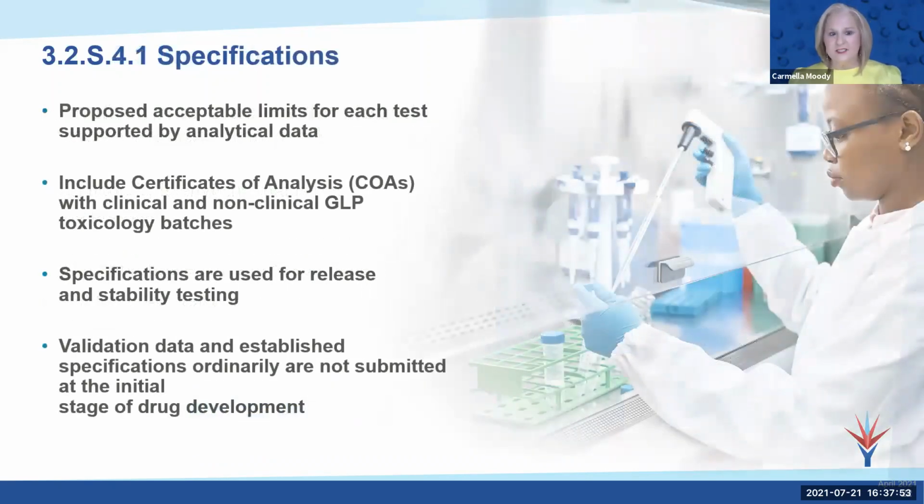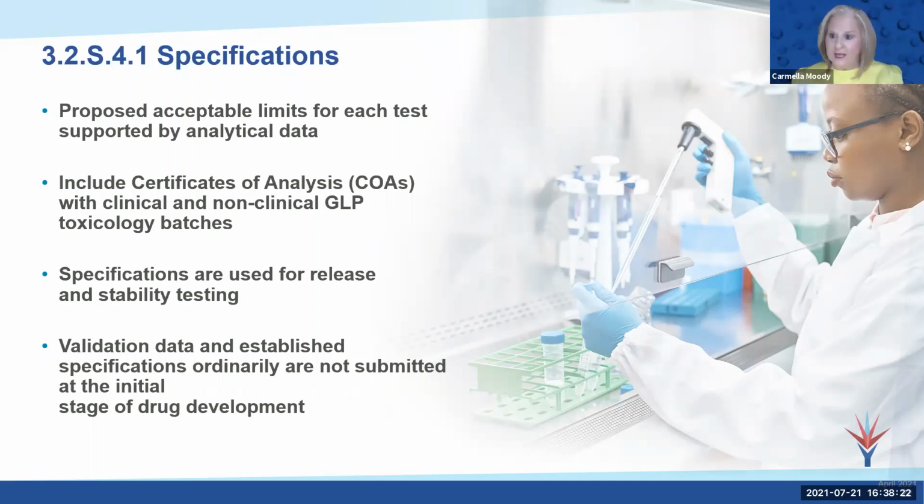And specifications. Specifications are really those tests with limits that you propose to show that you have appropriate batch control and quality parameters for your product from early phase through commercial manufacture and beyond.